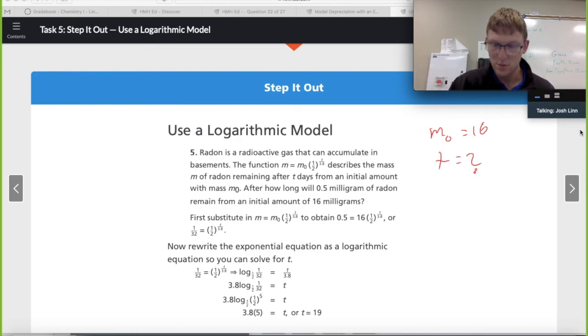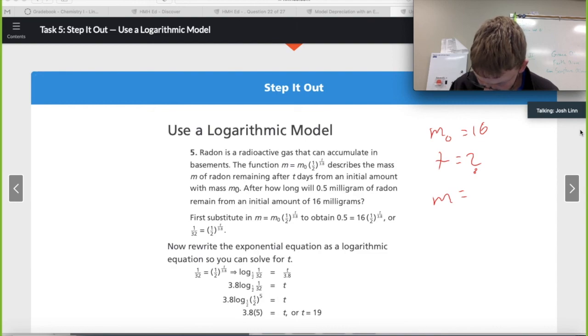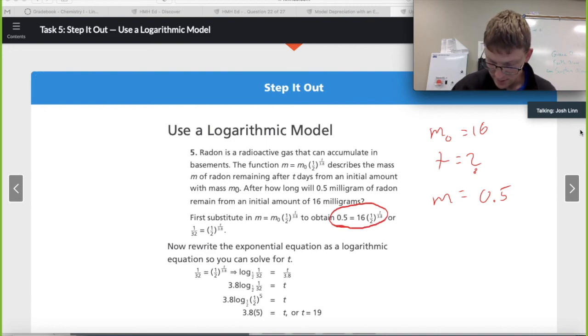I'd always write down what we don't know. And then m is equal to 0.5. But we need to find t, and notice t is in our exponent. So we take all this, we plug it in, and we're sitting at this part right here. So 0.5 equals 16 times 1/2 to the power of t over 3.8.